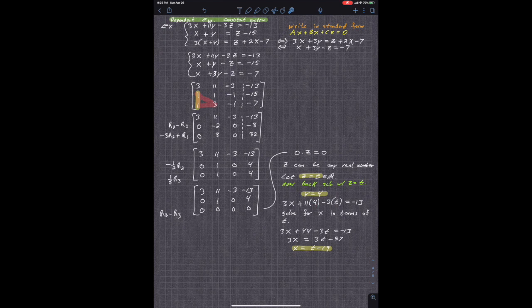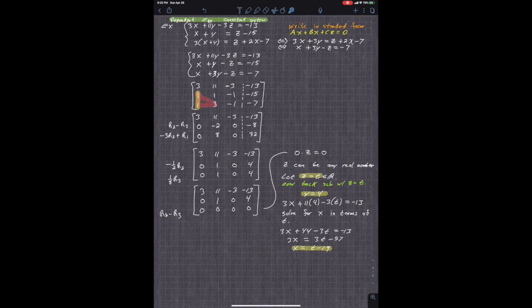So y is 4, so it's 11 times 4, and then negative 3 times t, because that's what z is, some arbitrary value. Now solve for x. Right, so you solve for x like this, bring x over, and you get x in terms of t.